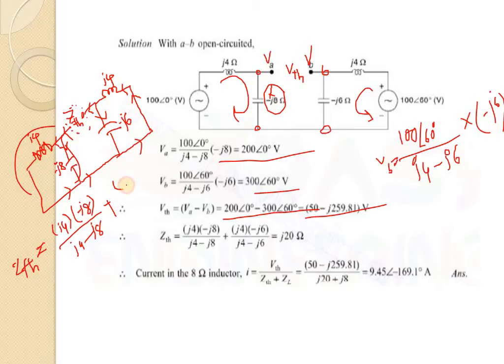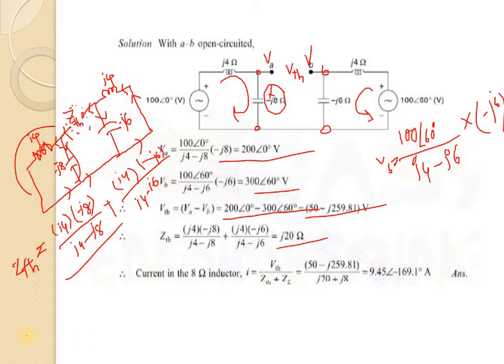So it will be again J4 into minus J6 divided by J4 minus J6. That is our total impedance ZTH. Now calculating this one, we are getting that ZTH is J20.